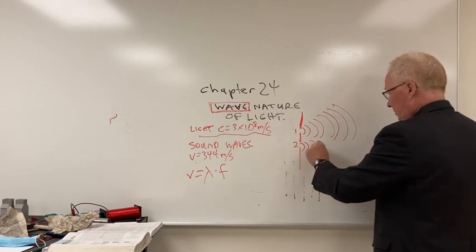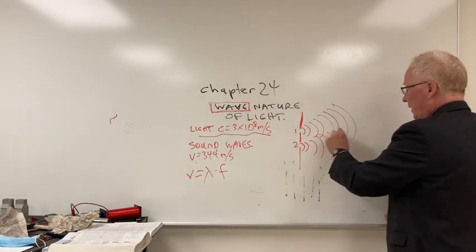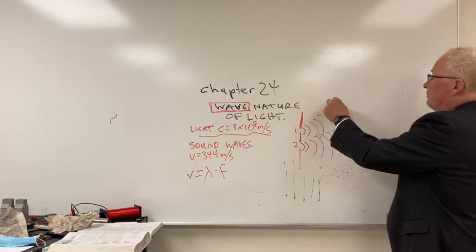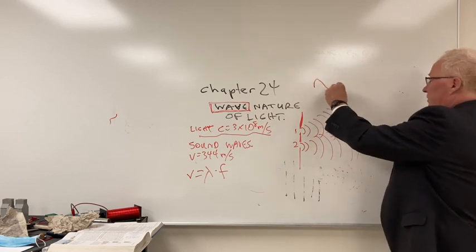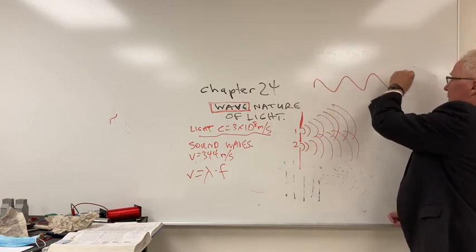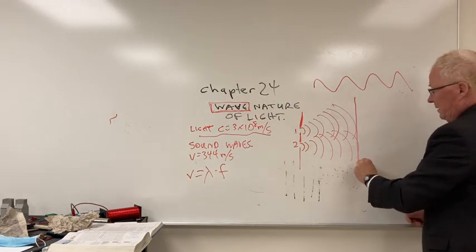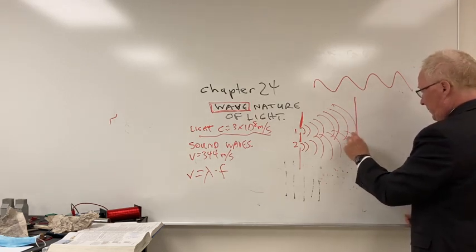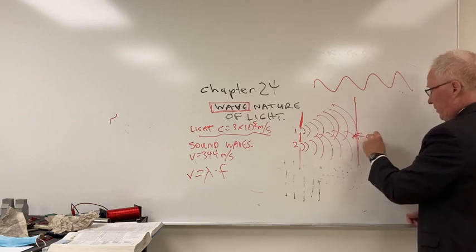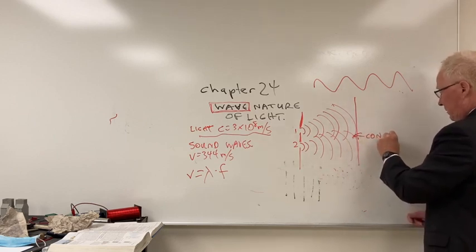This one will also do the same thing, and they'll come out. There'll be peaks and troughs, so the waves will actually look like this as they come out. And what we'll see is that where these 2 waves add up together, this is what we call constructive interference.